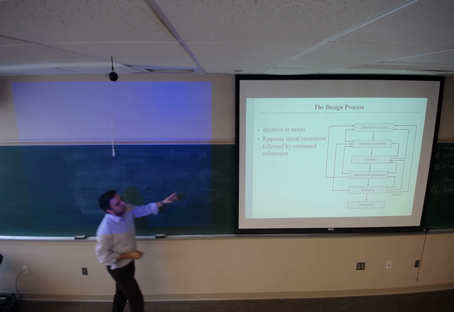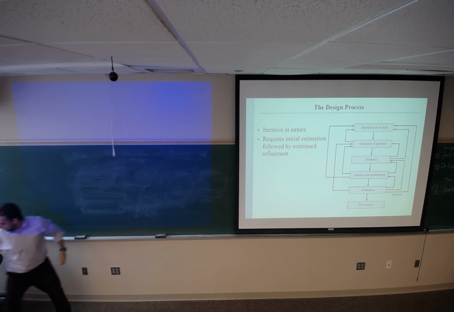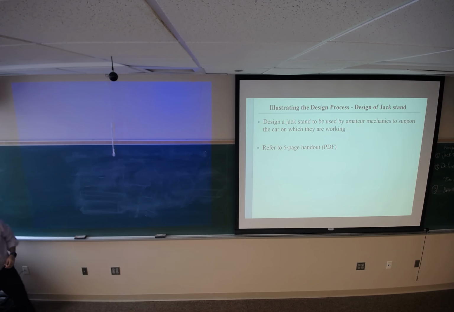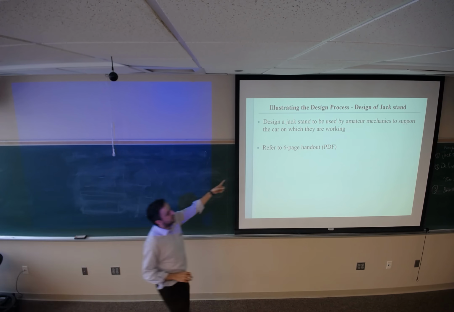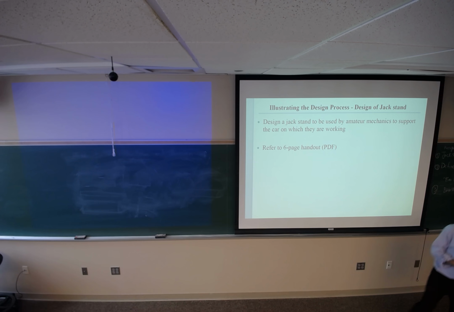A full example of the jacket stand has been posted in Canvas. It's a 7-8 page handout. You can look at that through all 6 steps for this example. It's going to be more clear if you go through that.